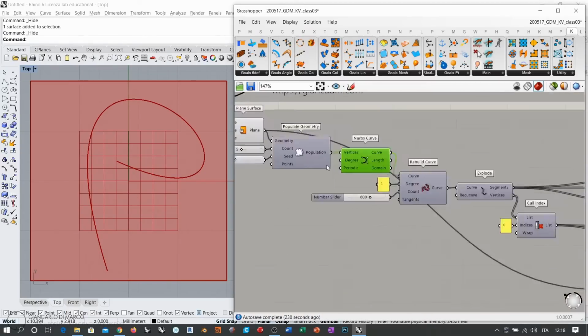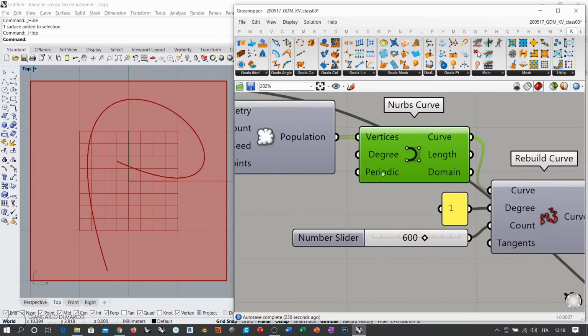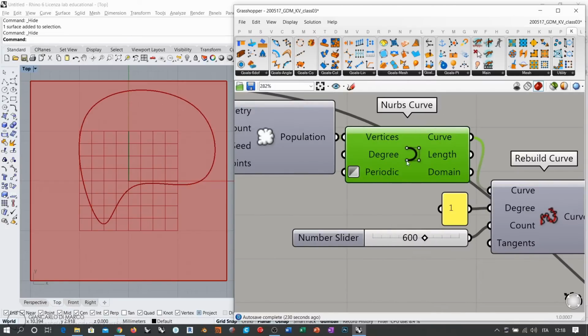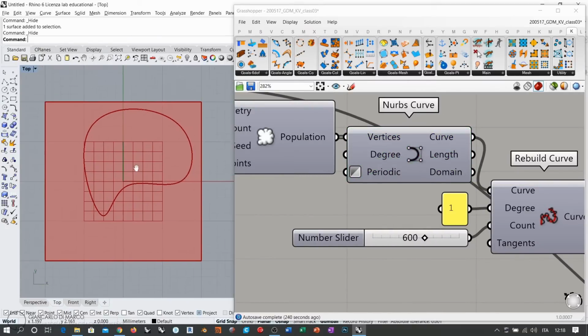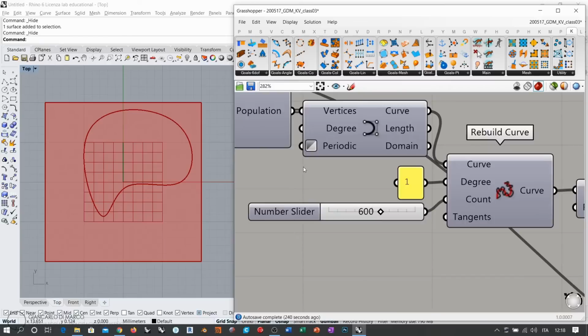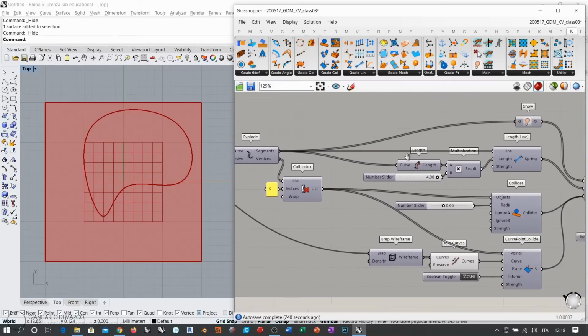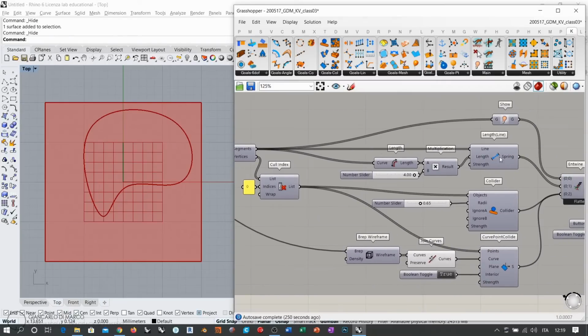So the only thing that we must do here is convert this NURBS curve into a periodic NURBS curve, like this one. And of course, we could also work with a standard circle. The problem with the circle is that if the circle starts to expand due to collisions or to spring behavior, initially the circle will expand uniformly because it is a totally symmetric curve.